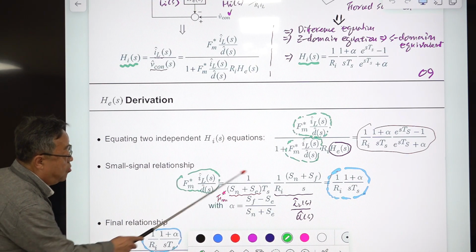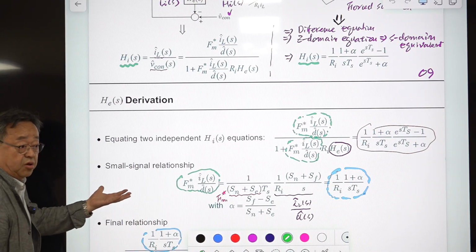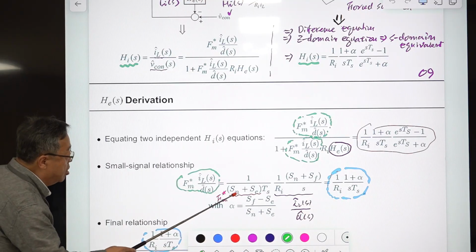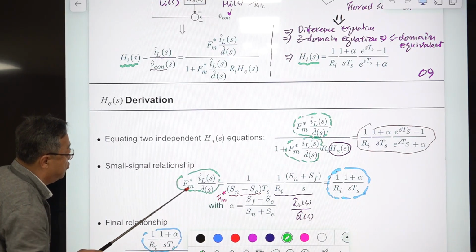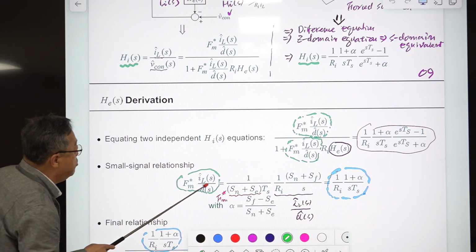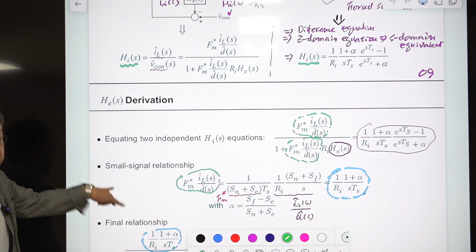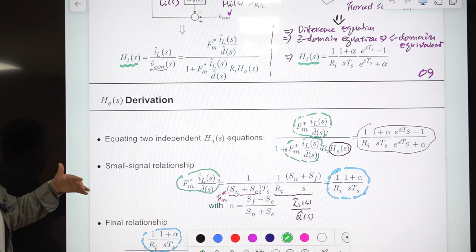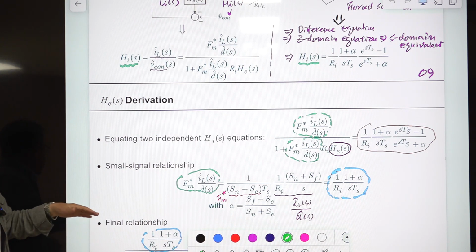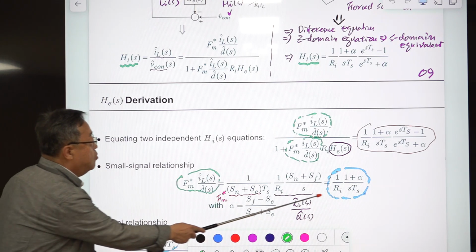F_M star is this one, based on Ridley's PWM modulator gain for current mode control. This is Ridley's expression for F_M star, and this is the expression of this one. So you can derive this, or you can understand this, and maybe you may refer to my book or Ridley's dissertation. Then you come up with this.